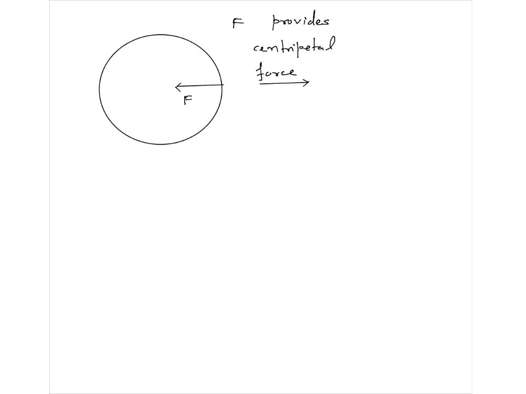And the pseudo force is given by mass of that thing under consideration, that particle, let's say, multiplied by acceleration of this observer. And this acceleration is actually towards the center. So here it is ma in the opposite direction to the center. Away from the center it will be.